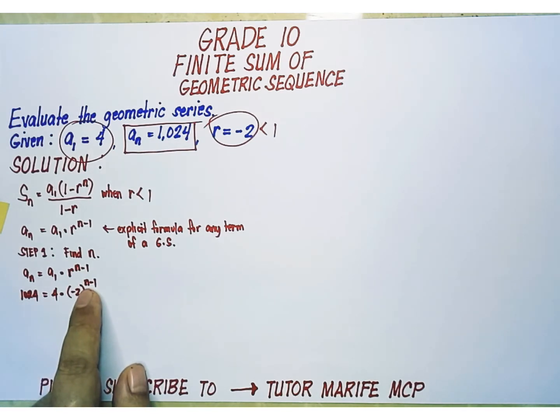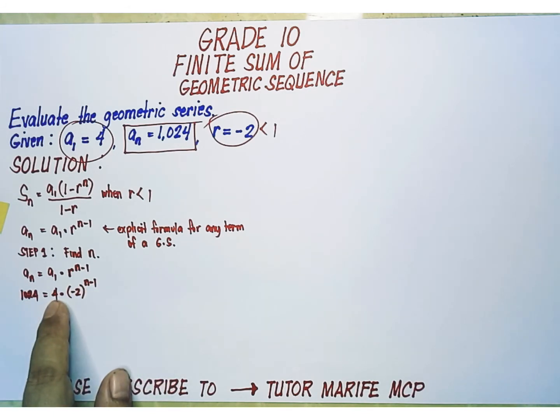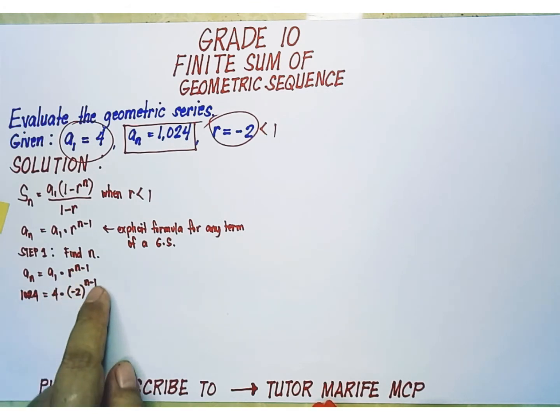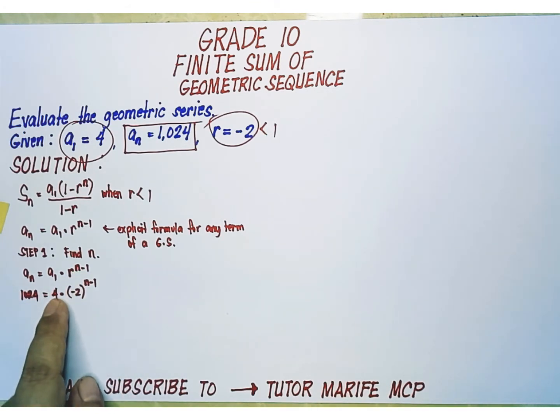So pag we're solving for n, tapos this term, the exponential term, involves the unknown, we don't need 4 on the right side. So we need to eliminate it from the right. Since it's being multiplied to this exponential term, we eliminate 4 by the inverse operation of multiplication, and that is division.